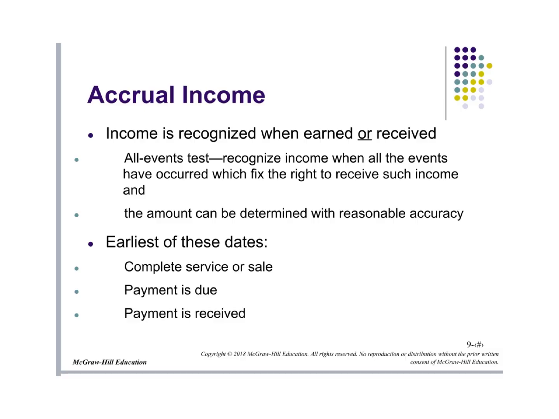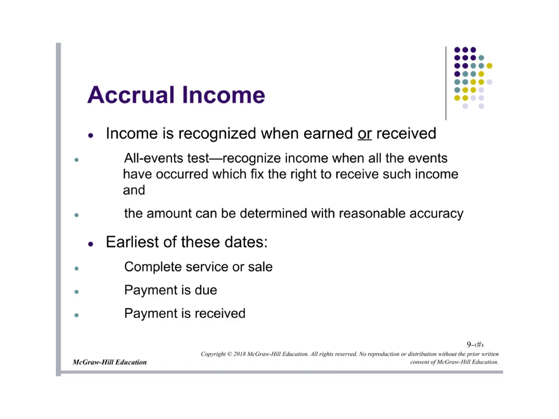All right. So what about accrual income? Okay. We know from financial accounting that income is recognized if you're on the accrual system when it's earned or received. So with accrual income, you've got the all events test. So you recognize income when all the events have occurred which fix the right to receive such income, and you can determine the amount with reasonable accuracy.